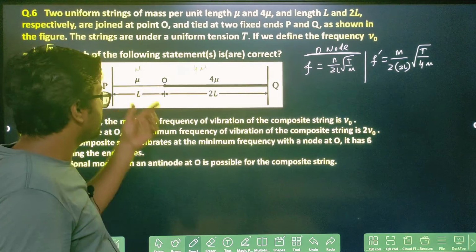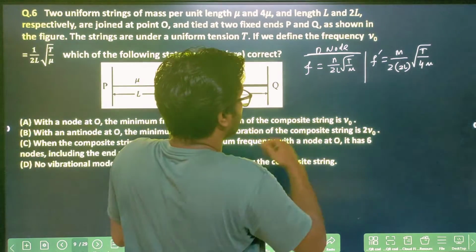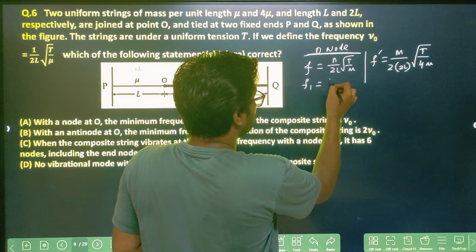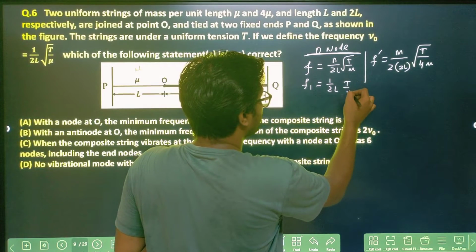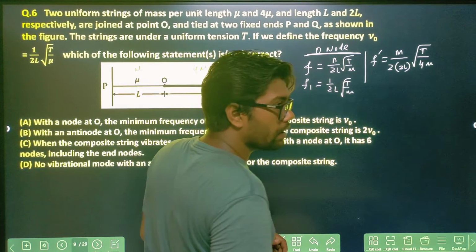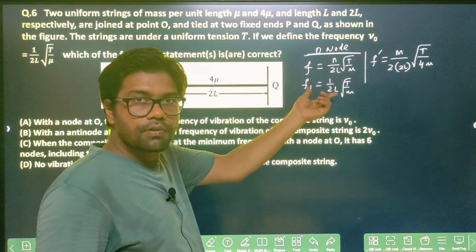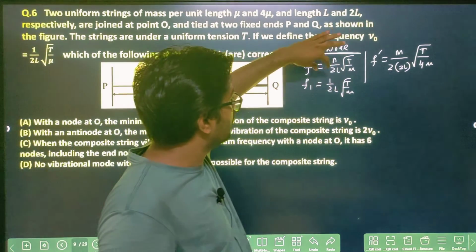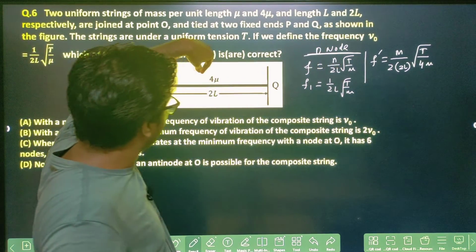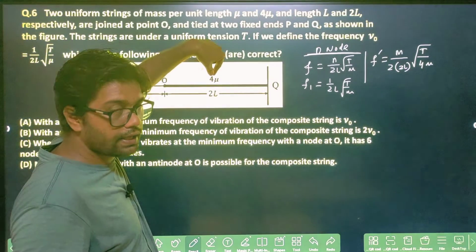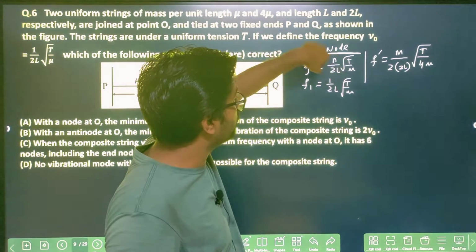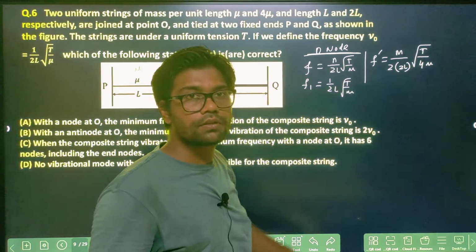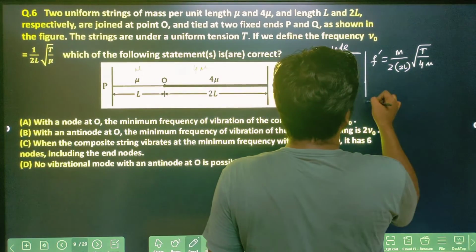Let's say for F1 here it will be 1 by 2L root over T by mu. It can vibrate with this frequency, but for the 2L length string you have to find out where this frequency is falling.